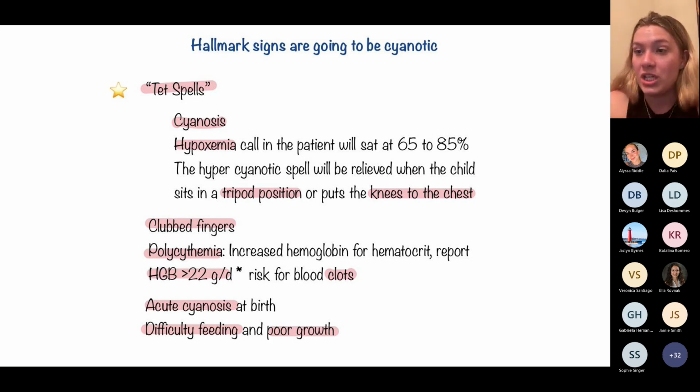Those are oxygen-carrying proteins. So my body's like, well, let's raise our oxygen-carrying capacity so that I can try to combat this hypoxia. So that's why they have an increase in H&H. But what are we concerned with? Now their blood is a little bit more viscous. Now they are clot risk. So that's an interesting thing about H&H.